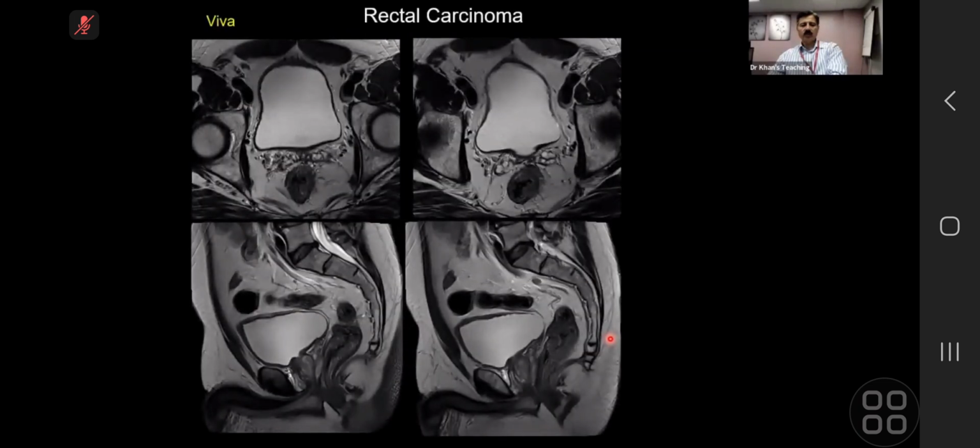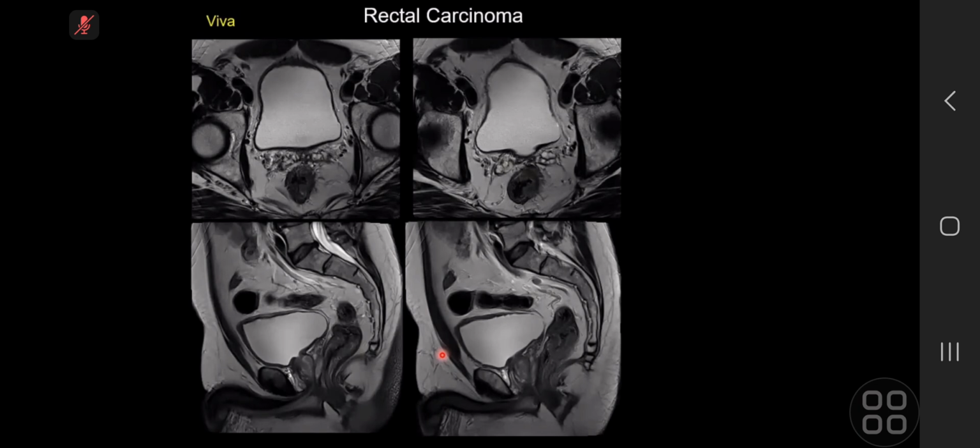Okay, the final thing of this chapter is rectal carcinoma. How will you describe this? On the sagittal, I can see circumferential but asymmetrical mural thickening of the rectosigmoid with increased T2 signal.